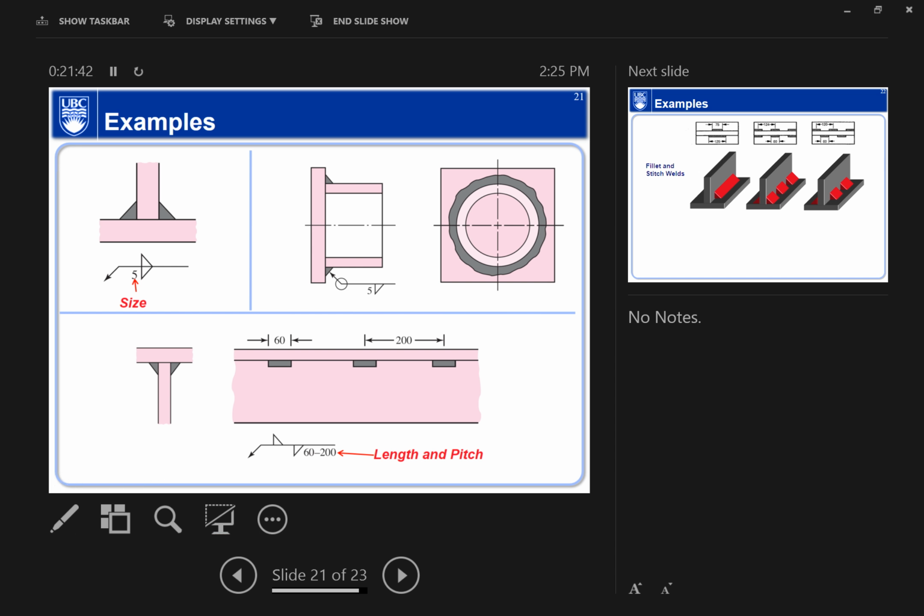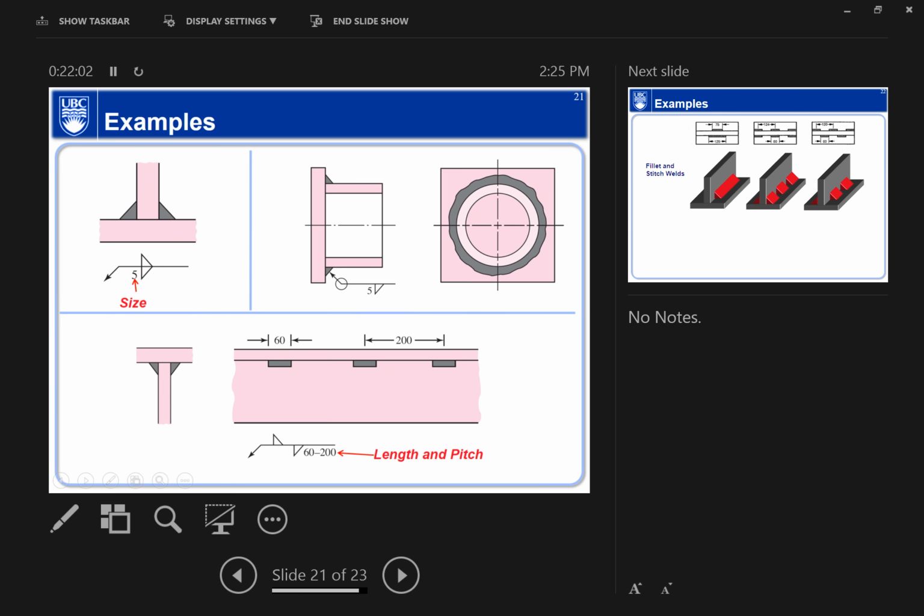The 60 here means the length of each segment of the weld, and 200 means the interval between two adjacent welds. That's how you can interpret this one.